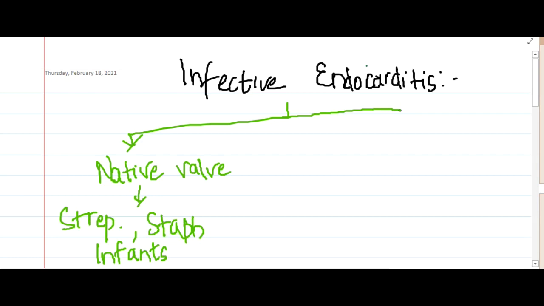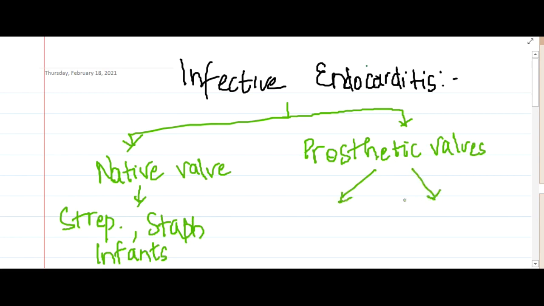Native valve endocarditis occurs in infants, whereas infective endocarditis also occurs in prosthetic valves. Infective endocarditis in prosthetic valves can be divided into two types: one, less than 1 year, and second, more than 1 year.